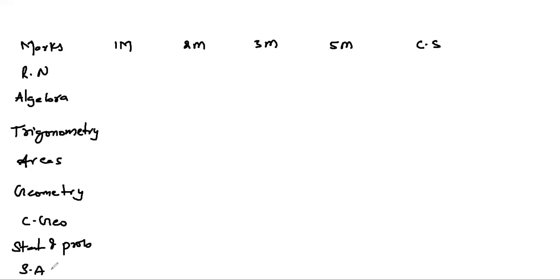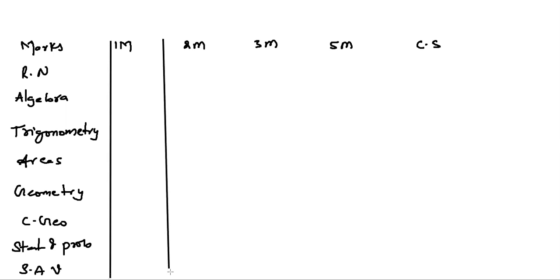The last one is surface area and volume. I'm just separating it with marks and with a box.